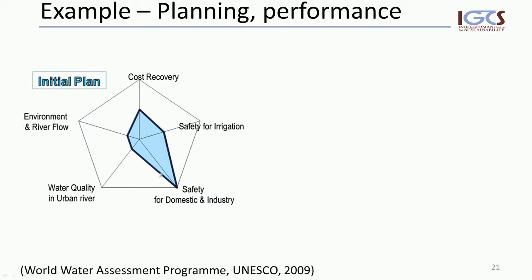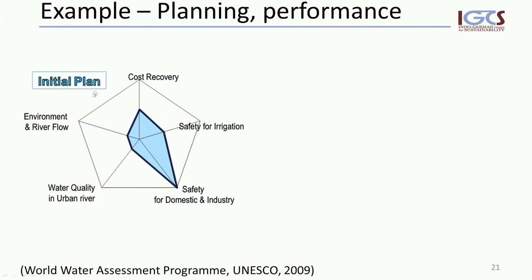What you can see here is that they were performing very well in terms of safety for domestic industries. They were performing less well in cost recovery and safety for irrigation, and at a very low level on water quality and environmental and river flows.